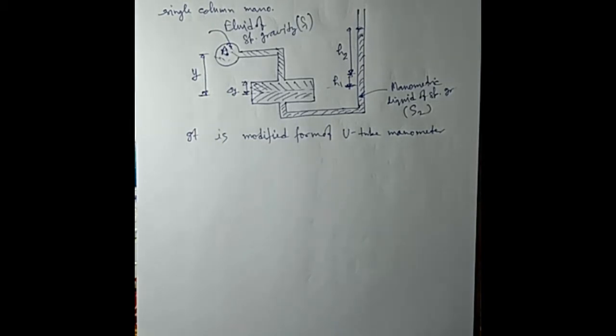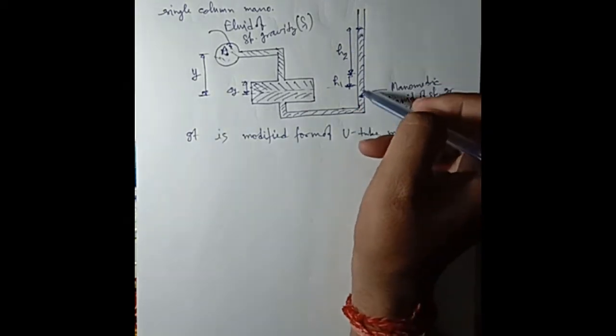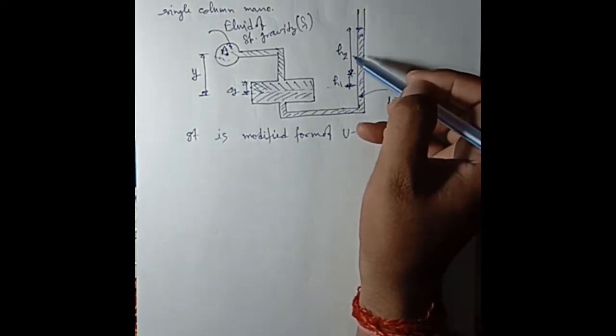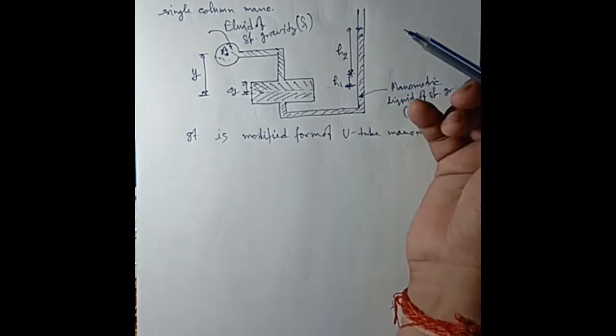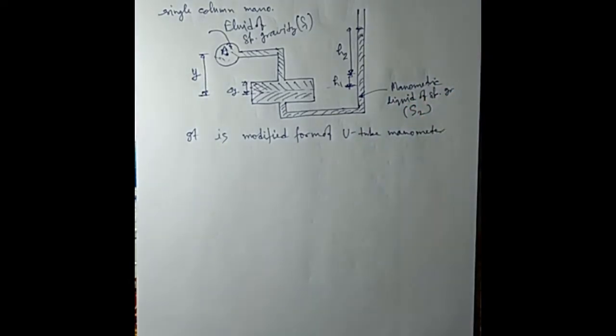Only one reading in the narrow limb of the manometer needs to be taken for pressure measurement. The narrow limb may be straight or inclined.